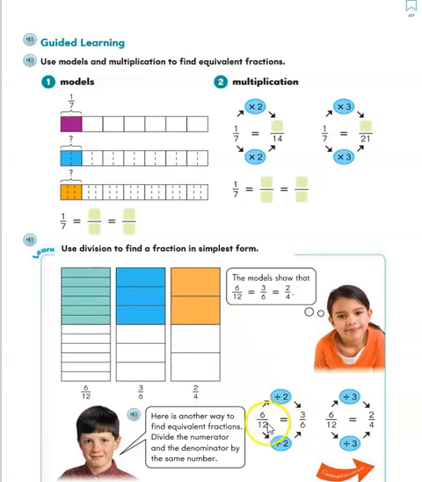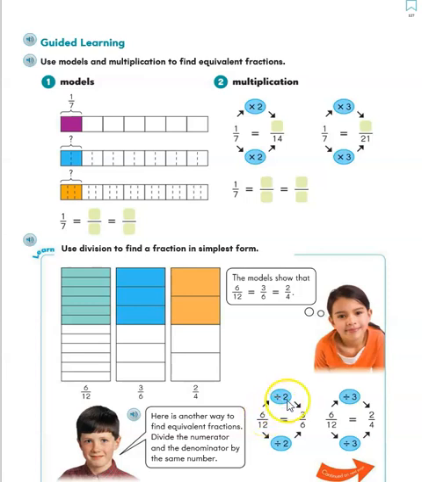If we start with our 6/12 and we divide each of those numbers by 2, because we know that they're both even numbers, right guys? So we know all even numbers can be equally divided by 2. So we know 6 divided by 2, that really means how many times could the number 2 go into 6, right?